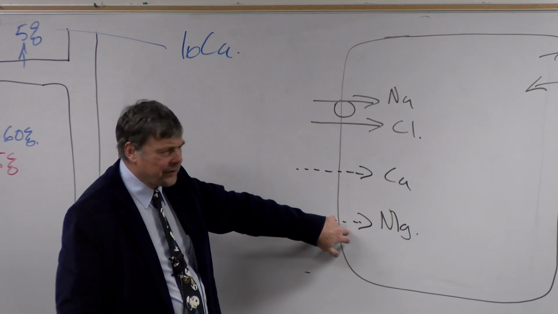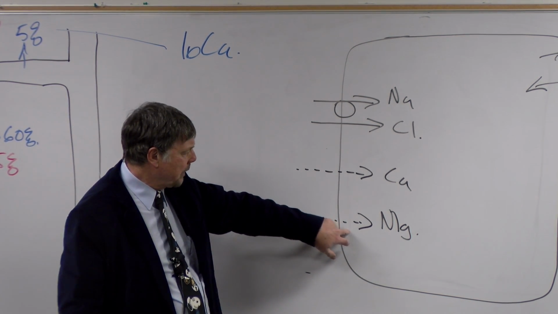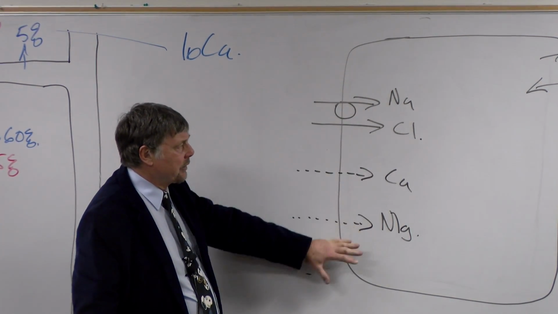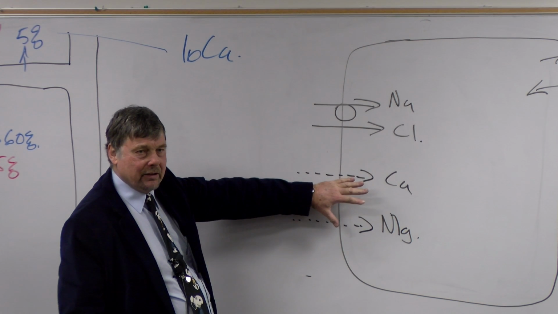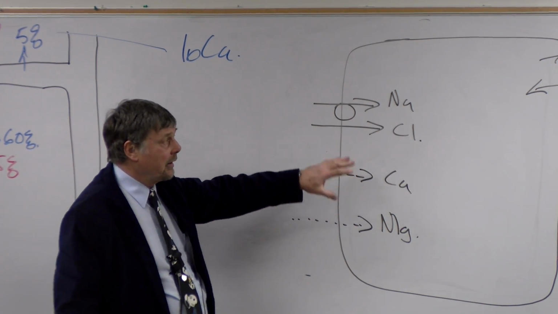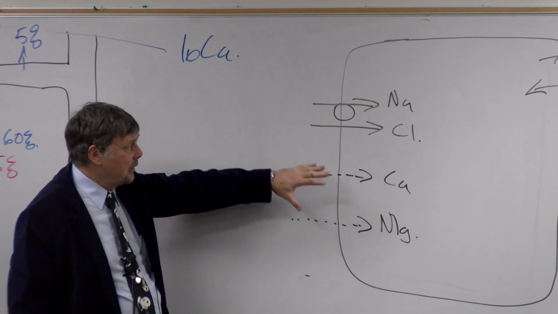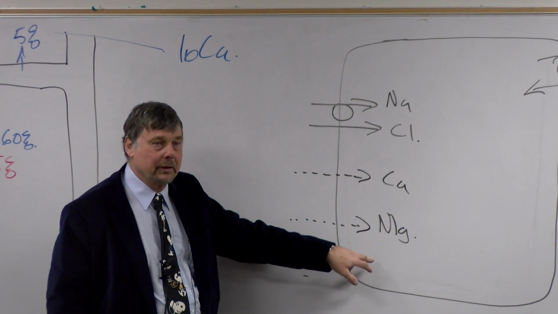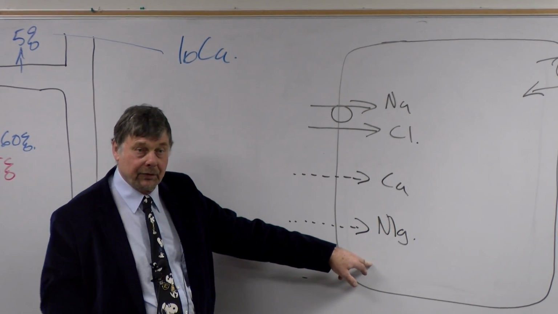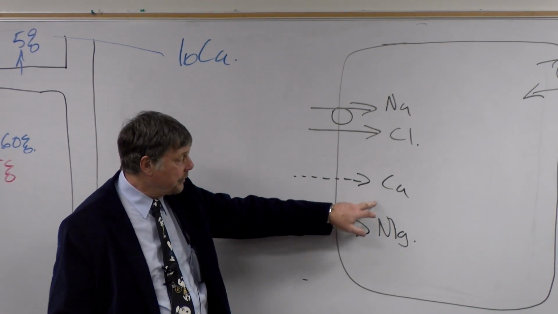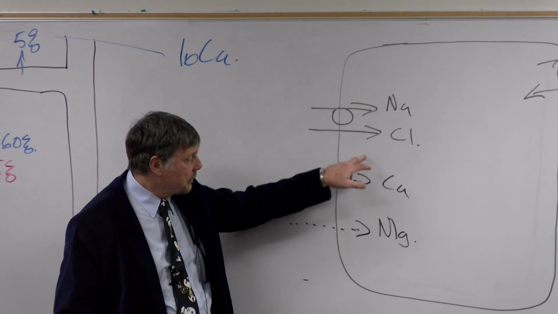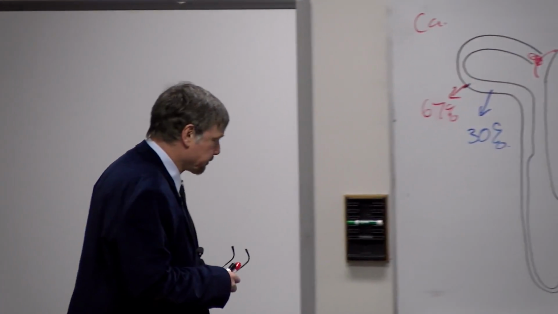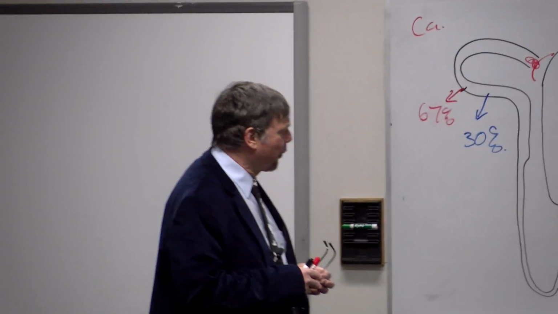But you won't find it in Costanzo, and you won't really find it anywhere. Okay? So we think that these are the major points of regulation. Realize too, this is the only part of the nephron where we actually have transcellular movement of magnesium and calcium. All the others are paracellular, yes? So this is the only place where we have channels that allow the passage of calcium and magnesium through the cell.